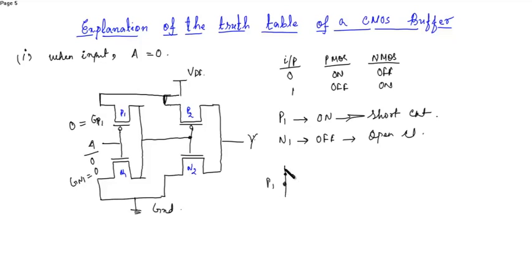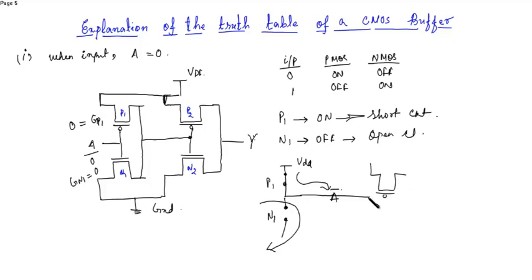If this is P1, this is VDD. Over here there is an open circuit from N1, so this part gets cut off, and at the output we get VDD at output A bar, which acts as input to the second inverter.